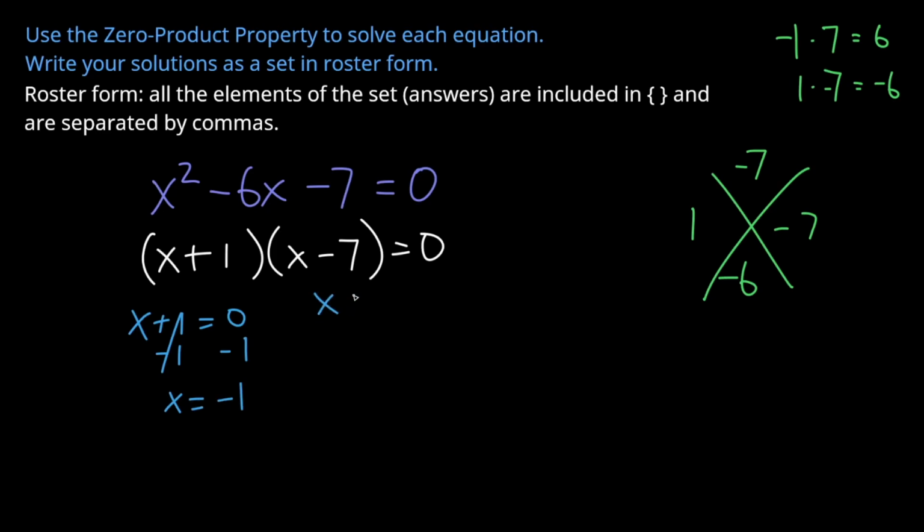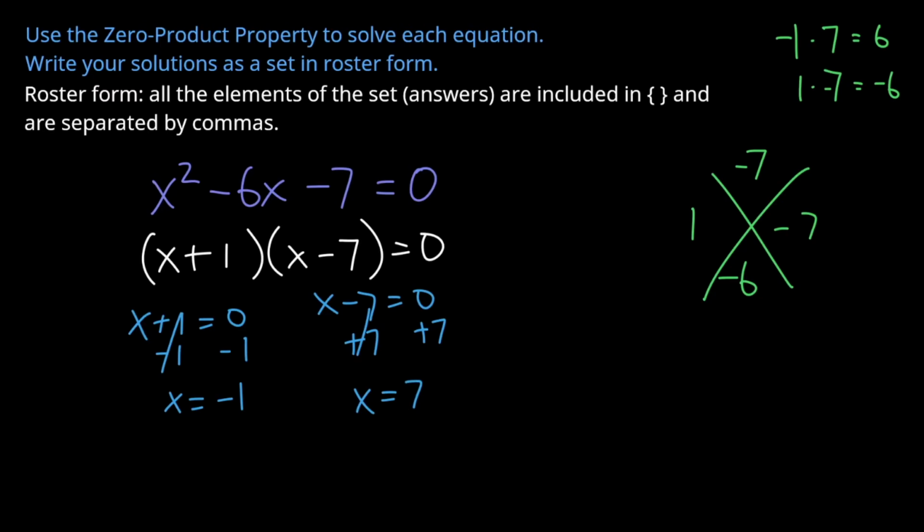Same thing for this factor. And for these simple ones, you don't have to go through these steps. It's good practice for the more complicated problems so you know what to do, but we can see right away the answers to this. But we'll just go ahead and solve it. So we get x equals +7.